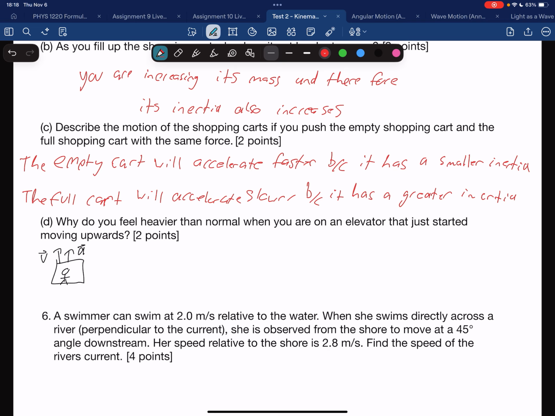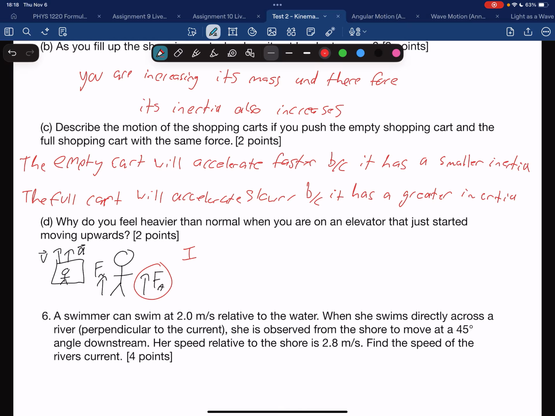But what is changing is the applied force pushing up on you. So the elevator is pushing up on you with an applied force. The normal force is also pushing up on you. And because of this applied force pushing up on you, you feel heavier.